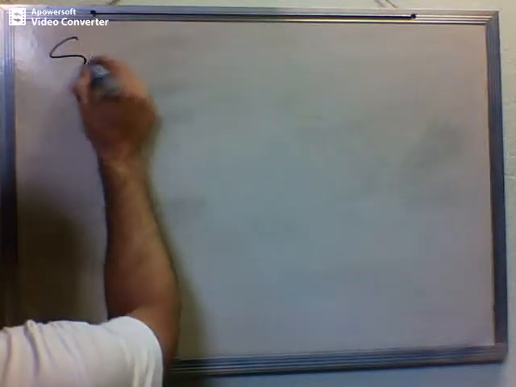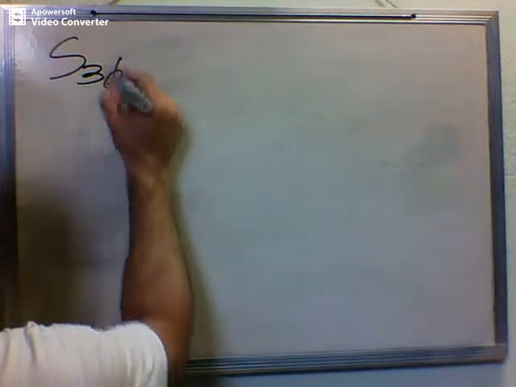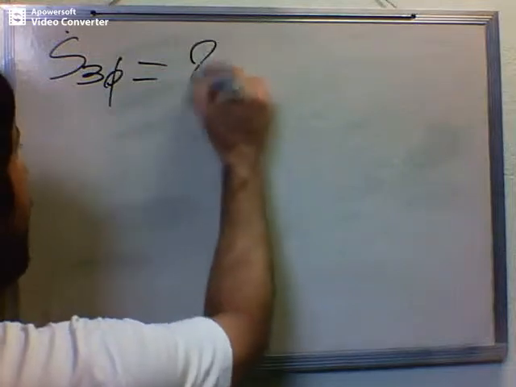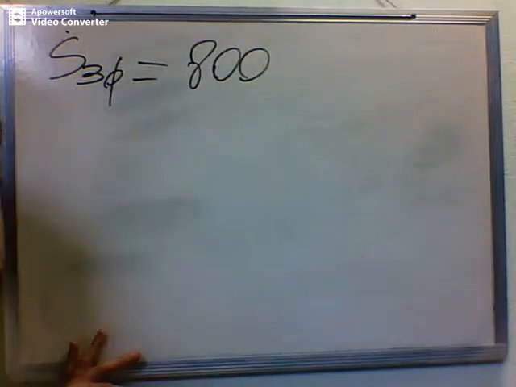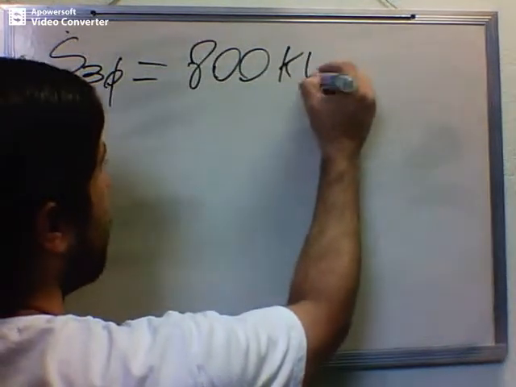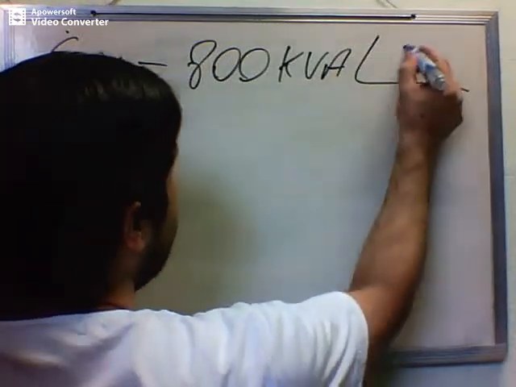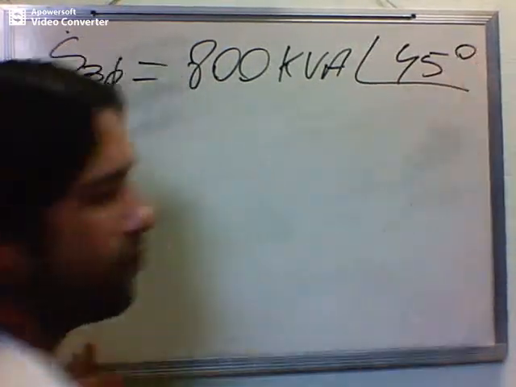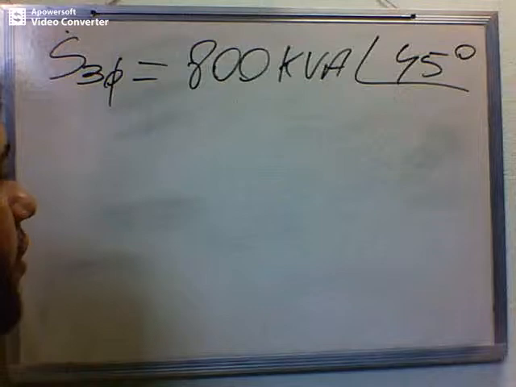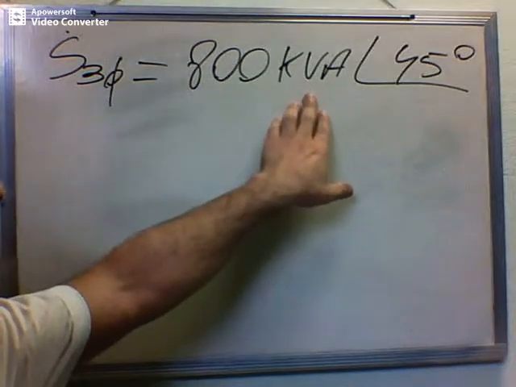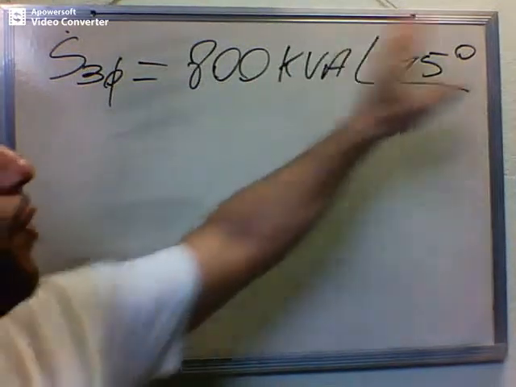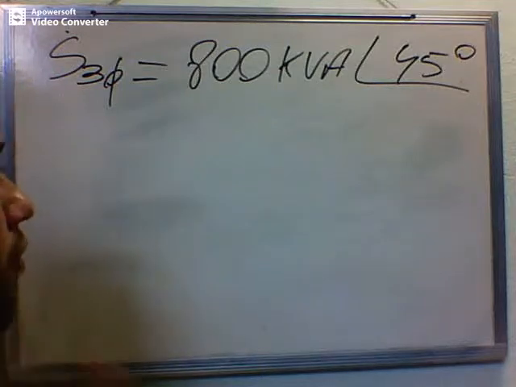We know that the complex power, three-phase, is equal to 800 kVA in the phase 45 degrees. Some people don't like to put the 45 degrees here, some people put it at the other side. For me it's the same.